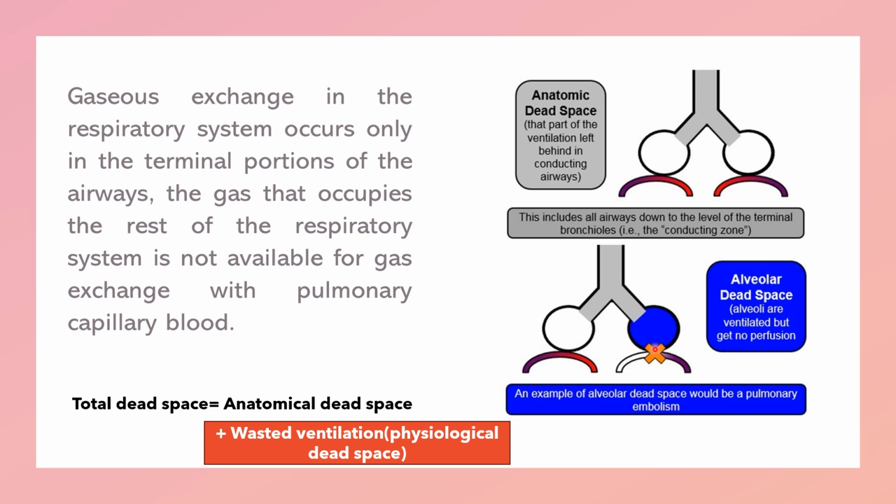That is known as the wasted ventilation, or the physiological dead space. In that case, the total dead space will be equal to the anatomical dead space plus the amount that is wasted, that is the wasted ventilation or the physiological dead space.